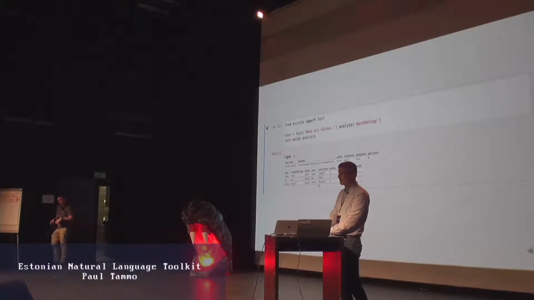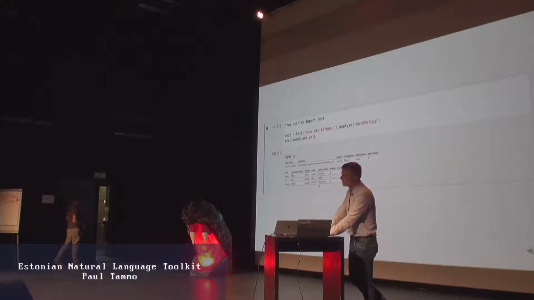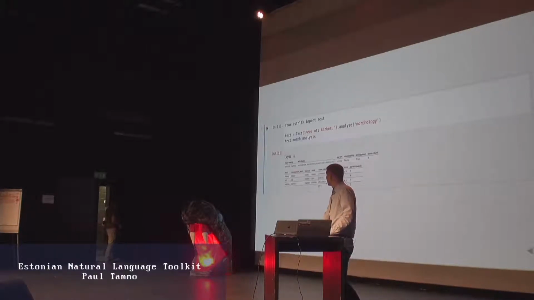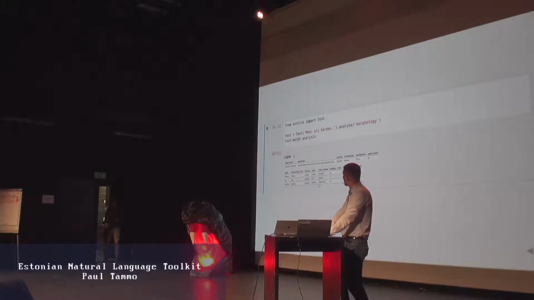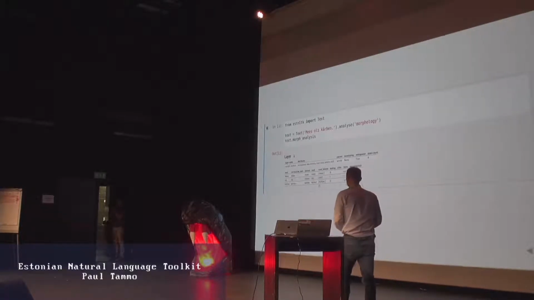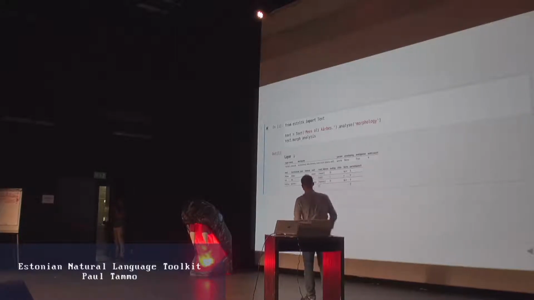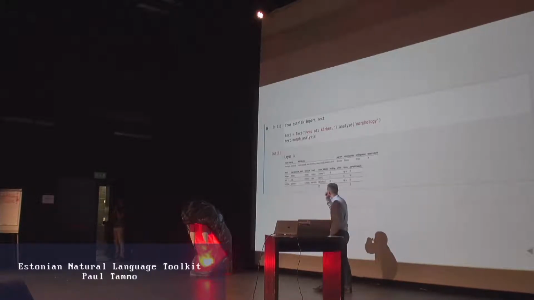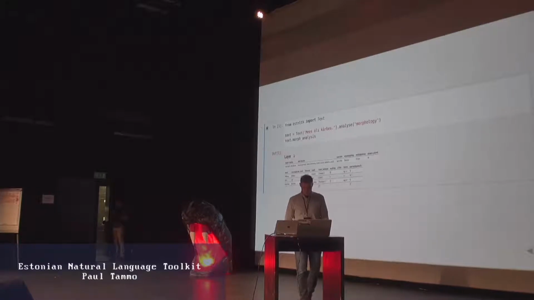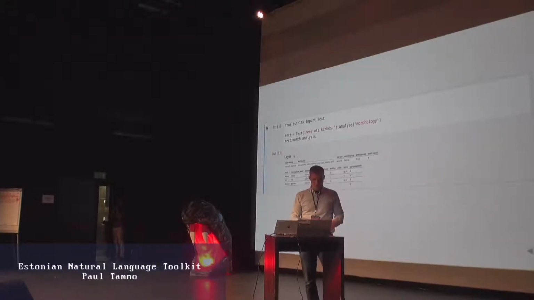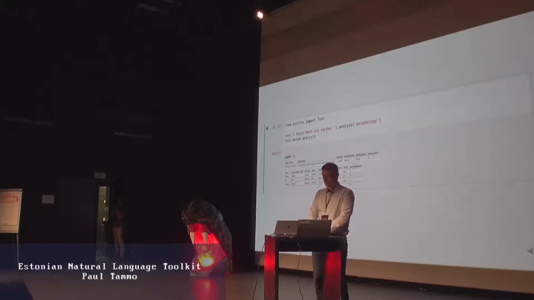It will get several layers, a layer of words, a layer of sentences. Here you can see the layer of morphological analysis. Here the toolkit has decided that the first word in the sentence is mees, it's a man, not a honey, for some reason. That is because by default the disambiguation is switched on, so the honey part is removed.